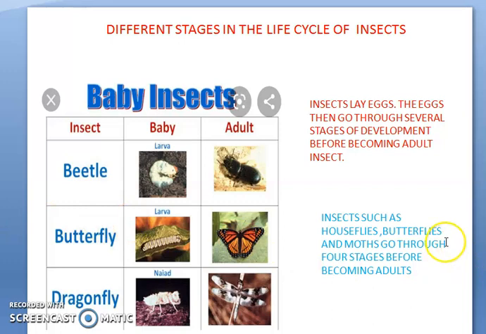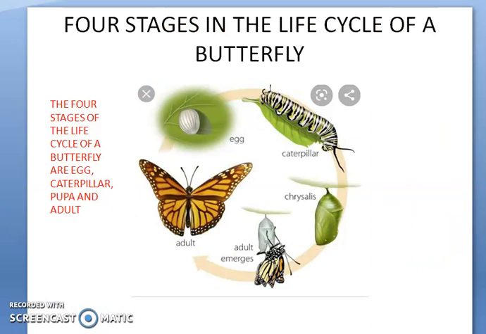Insects such as houseflies, butterflies and moths go through 4 stages. So we will learn what the 4 stages are. Here I will just take an example of a butterfly. The 4 stages in the life cycle of a butterfly are, first, the egg.